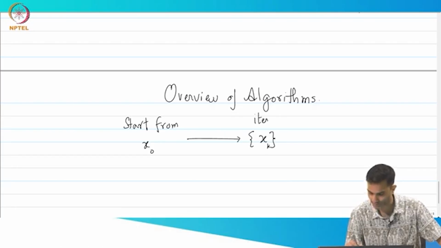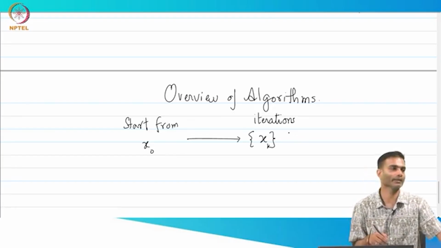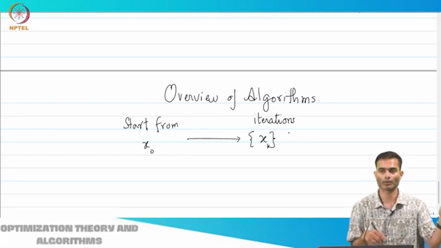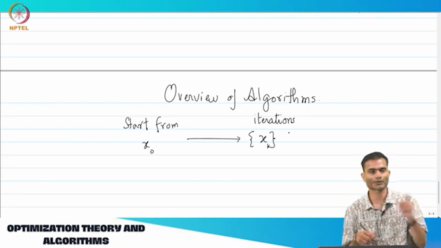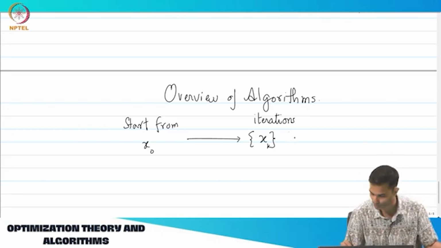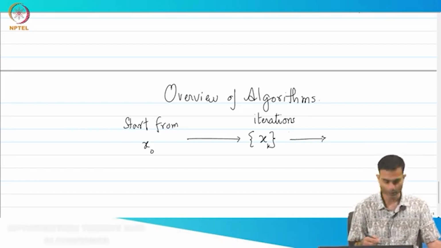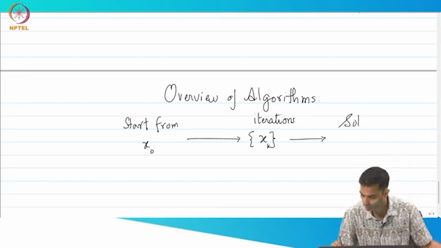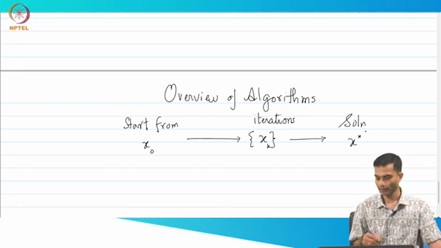Very, very rarely would you go from start to the solution in one shot. That happened in high school problems, not in real life engineering. And hopefully you'll end up at the solution x star.